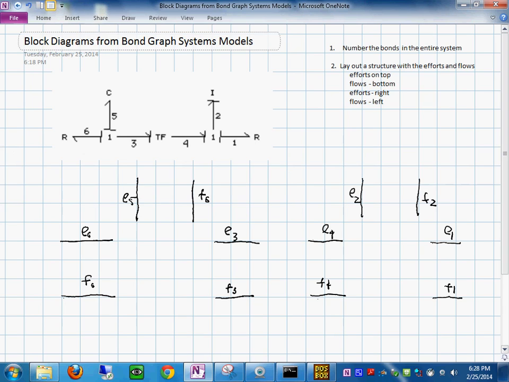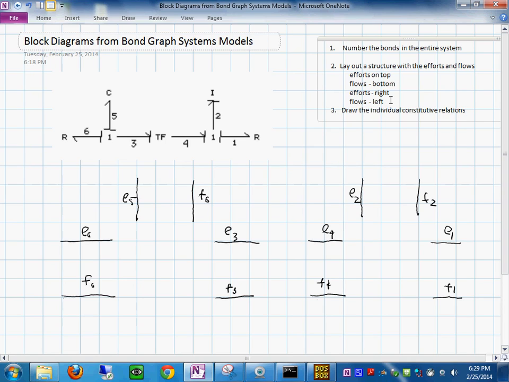Now what we need to do is step number 3, which would be: draw the individual constitutive relations of each element. Obviously, that's why I say individual. So let's just do that.